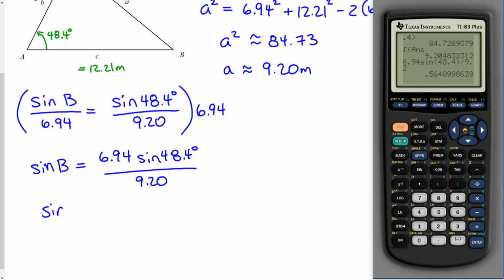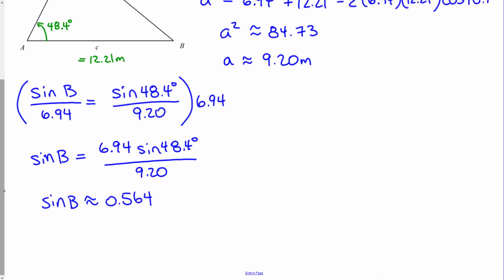So the sine of angle B, let me be more precise. It doesn't really make a lot of difference if you do this or not, but it's approximately 0.564. And then if I take the arc sine, I will reveal what angle B actually is.